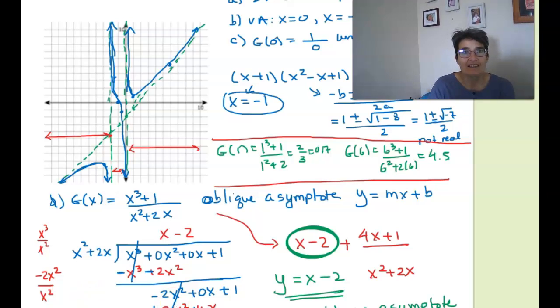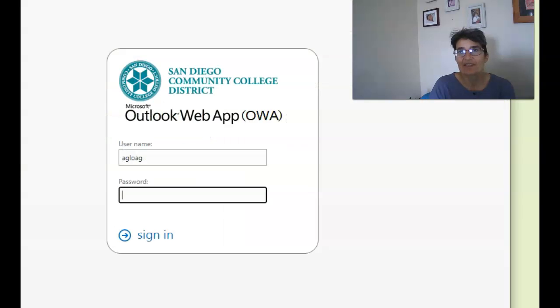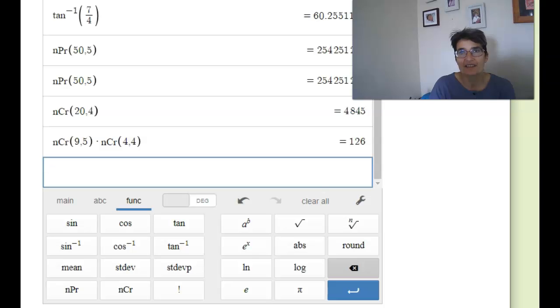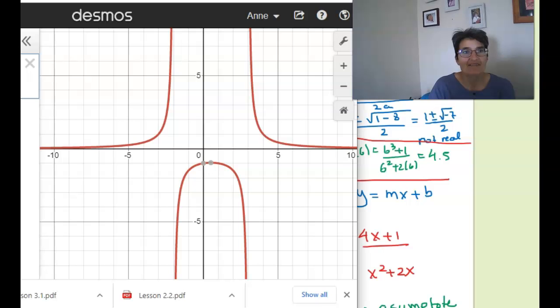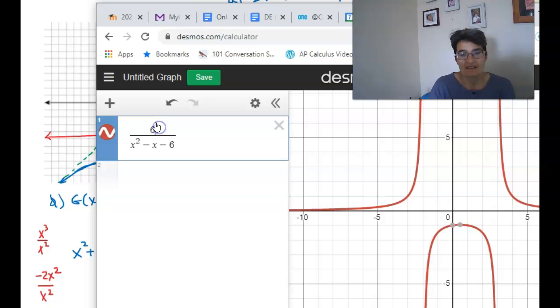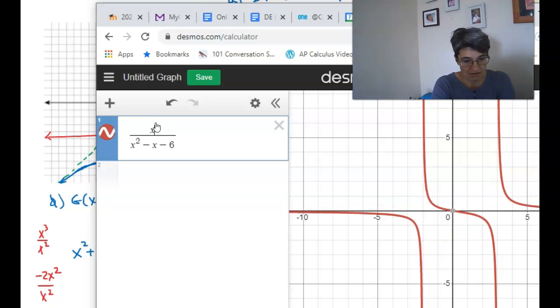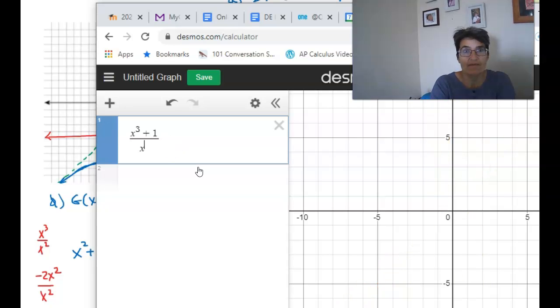Let's bring Desmos in and see if it looks good. Oh, that's the wrong one. There it is. Okay, so I'm going to plug in my equation: x cubed plus 1, divided by x squared plus 2x.